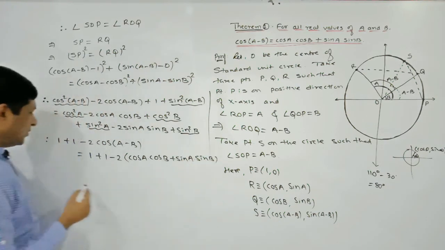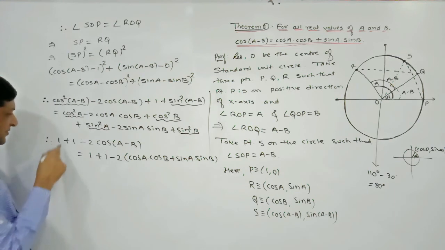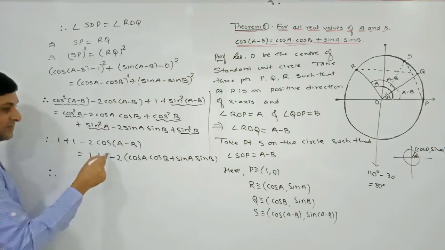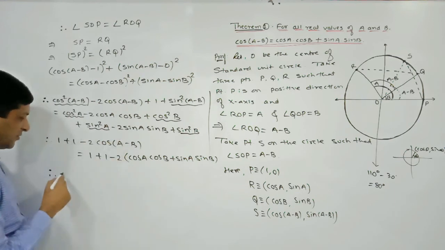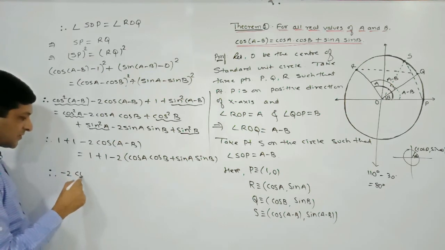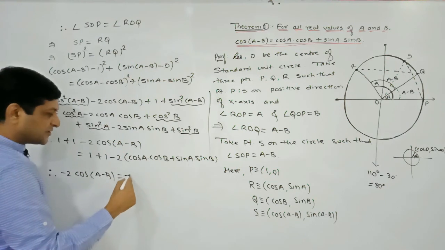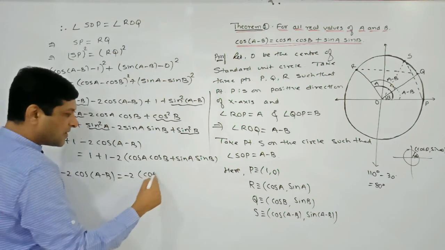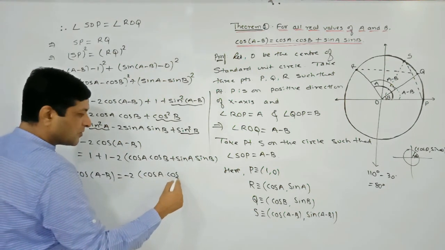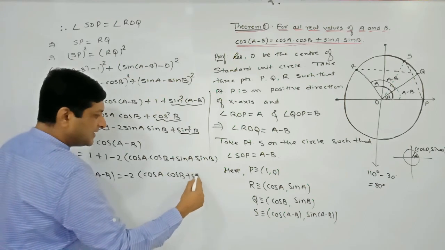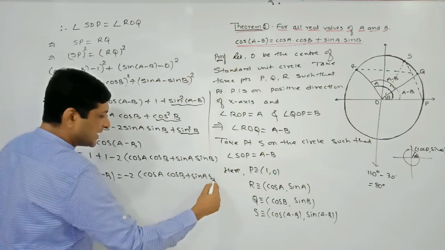Now if you observe both sides very carefully, this 1 and 1, this 1 and 1 will get cancelled, meaning the remaining term on this side is minus 2 cos(a minus b), which is equal to minus 2 times (cos a into cos b plus sin a into sin b).